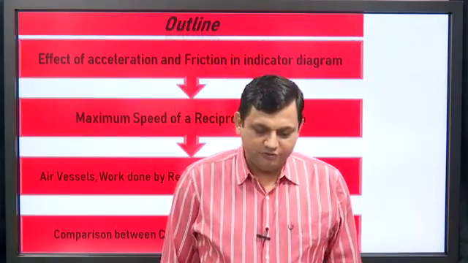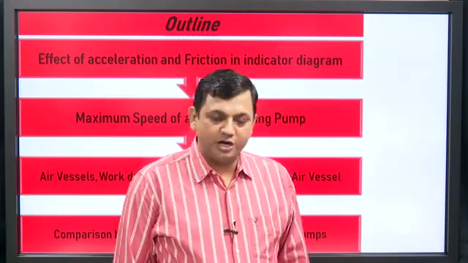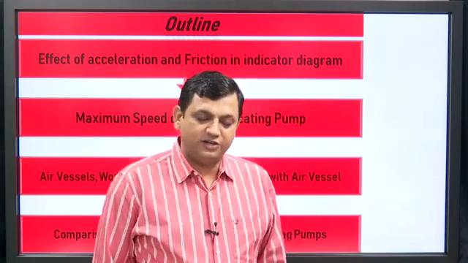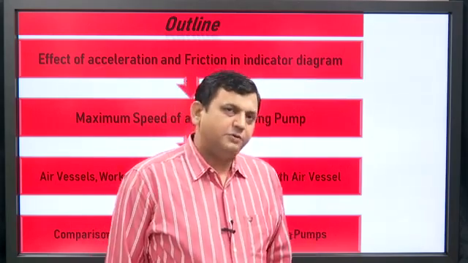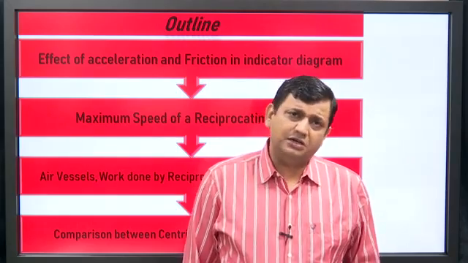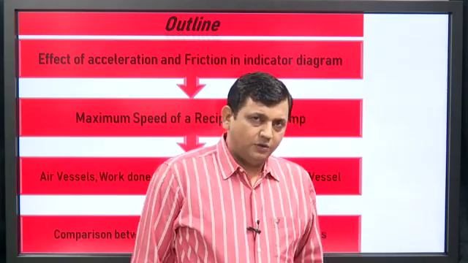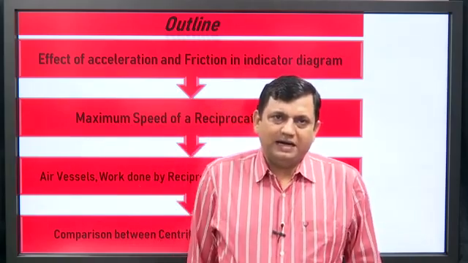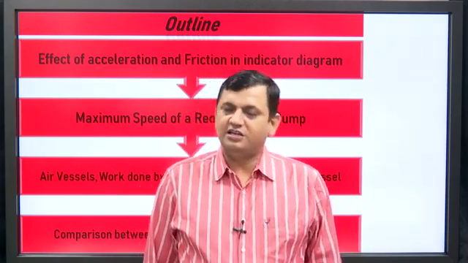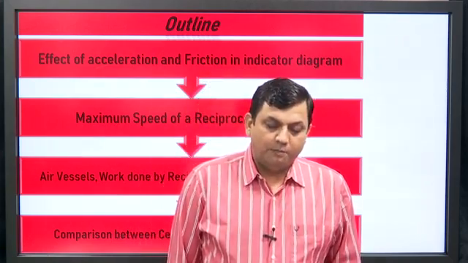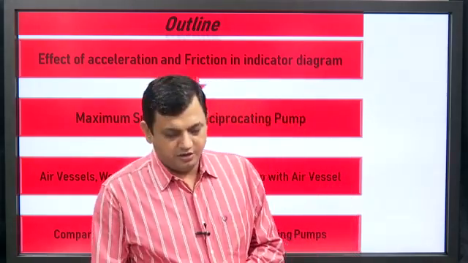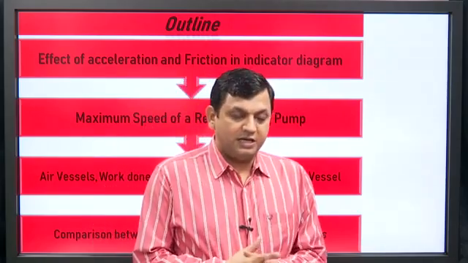Outline of my third presentation on the reciprocating pump: we covered the effect of acceleration and friction in the indicator diagram. Before that, we described what the indicator diagram is and how you calculate the work done. Now we will check the combined effect of acceleration and friction in the indicator diagram, then the maximum speed of a reciprocating pump.